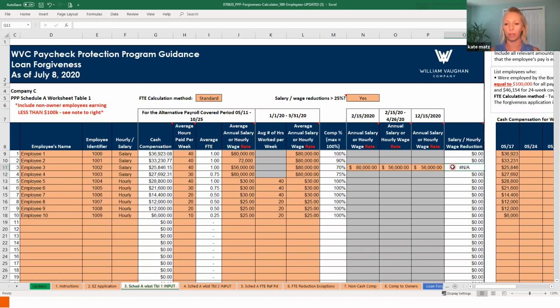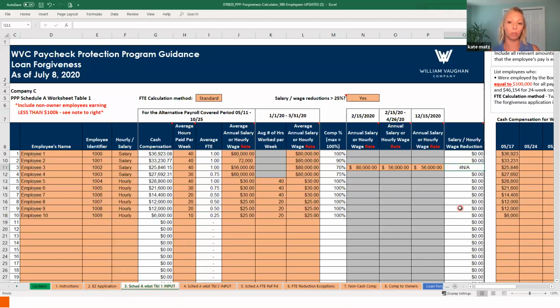The reason that's an error right now is because this is only going to calculate a compensation reduction to the extent that the compensation reduction is greater than whatever the FTE reduction is for that employee.